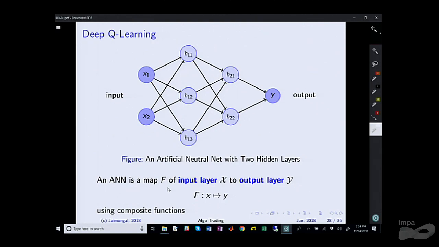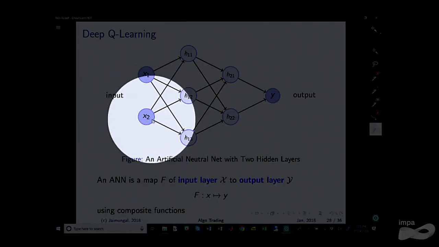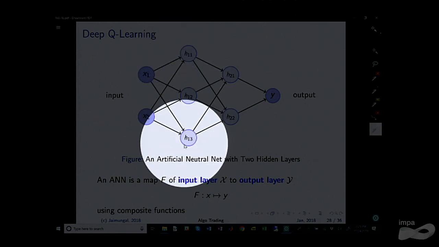And then there are hidden layers, so the way that you interpret this map, okay? Remember, the top diagram is just fleshing out what we mean by this composite function. It's simply a function, y equals f of x. That's it. But that function f has certain structure. The values of x1 and x2 feed forward into h11, h12, and h13 somehow.